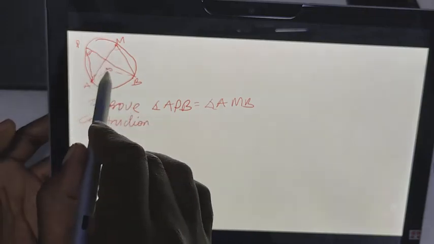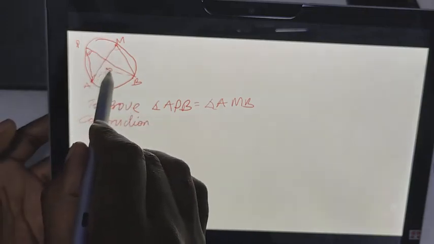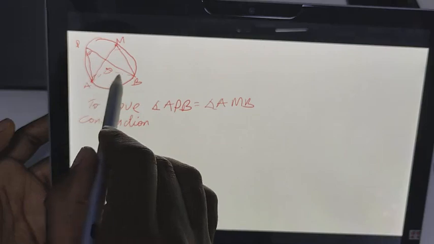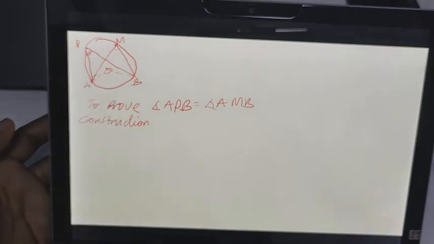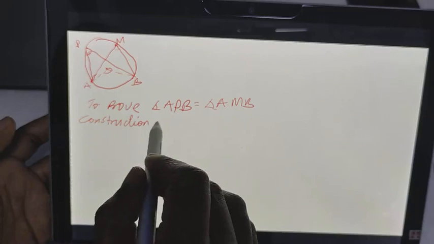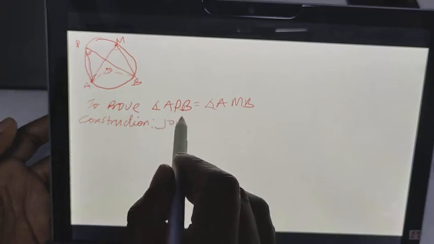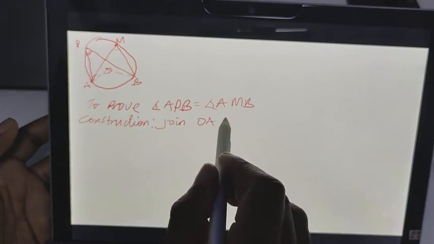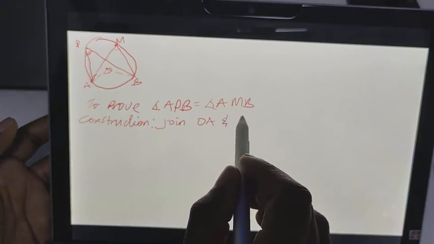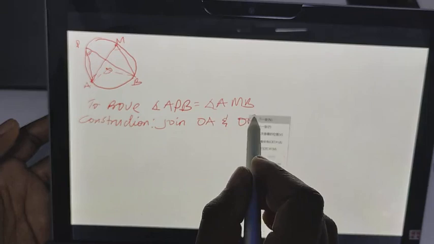By joining that, it means we now have an angle at the center, because this is a radius and that is a radius. So there is an angle being subtended at the center. That's the construction: we join OA and OB.